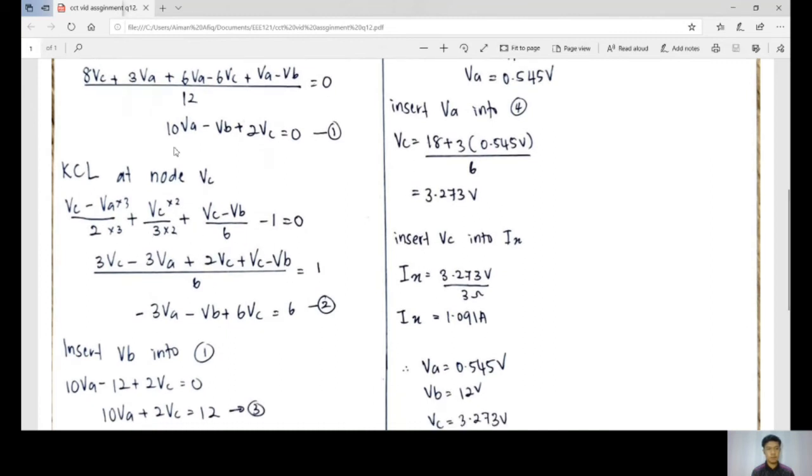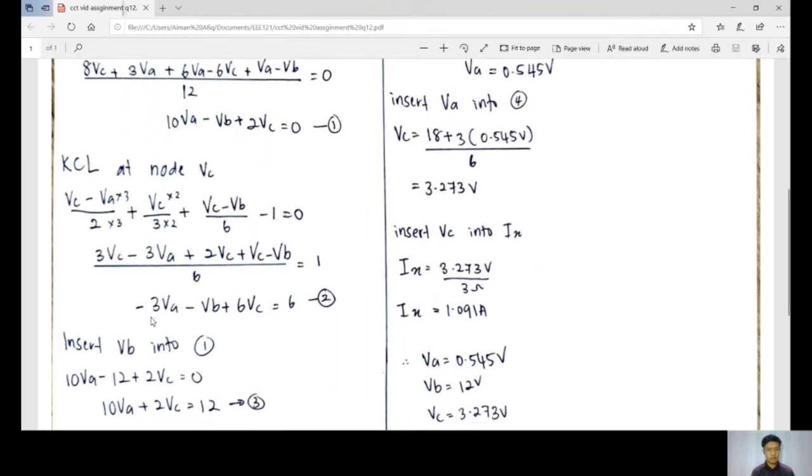We do the same thing as before. We make the denominators the same, and then we get 3VC minus 3VA plus 2VC plus VC minus VB, over 6. The negative 1 here, we move to the right side.